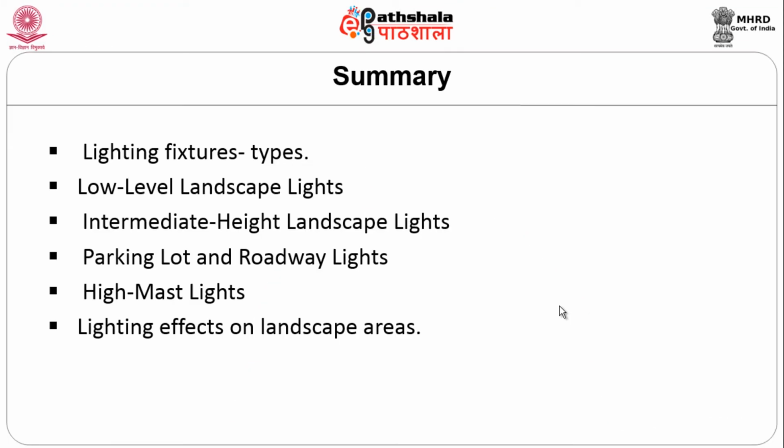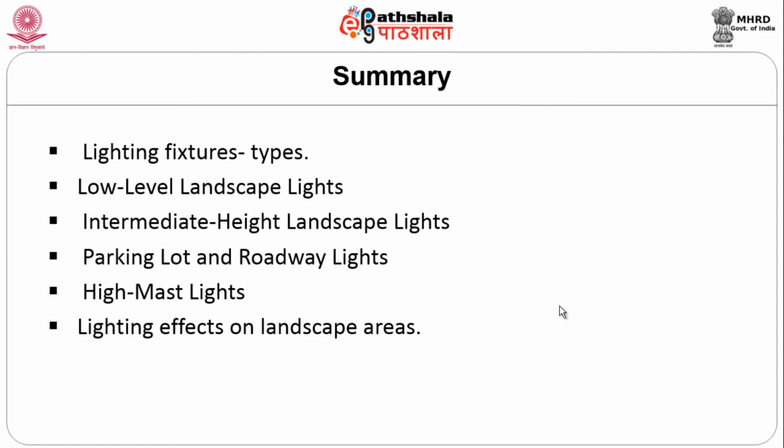Okay, we are going to conclude this session. As a summary of what we have seen so far, we saw the types of lighting fixtures: how different lights and fixtures, based on heights, positions, patterns and the distribution of light, have to be selected and placed.